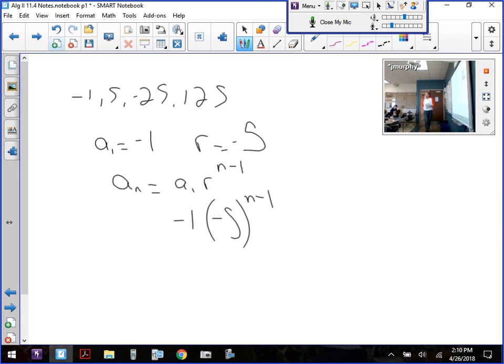Whenever you have negative values raised to exponents, you've got to put stuff together. Make sure you put it in parentheses. There's nothing else you can do with that. You can't simplify it.